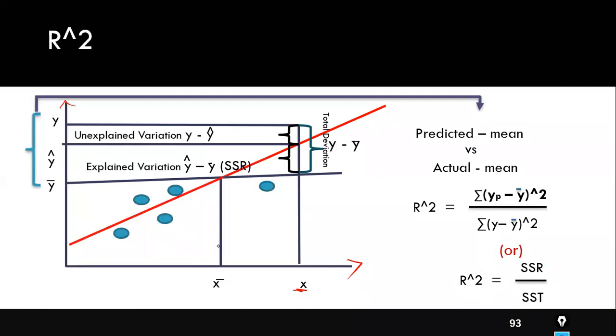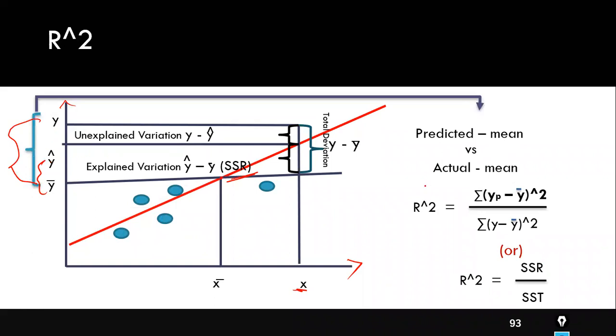The difference between the predicted and the mean is the sum of squared regression, called SSR. So it is predicted minus mean, and then actual minus mean, and we take the proportion of these two.